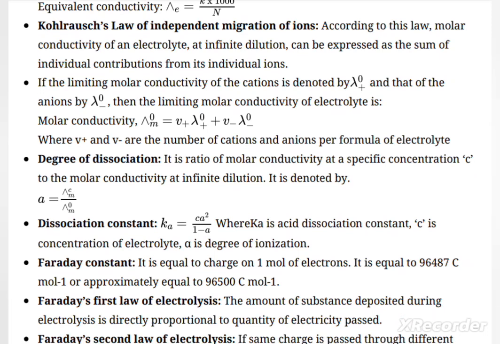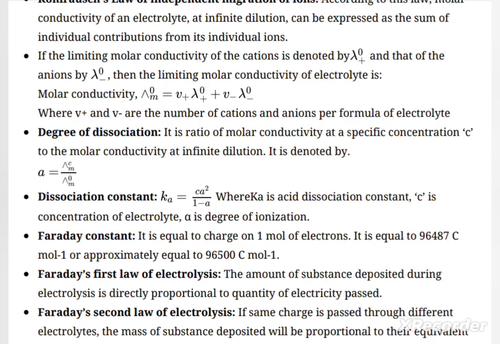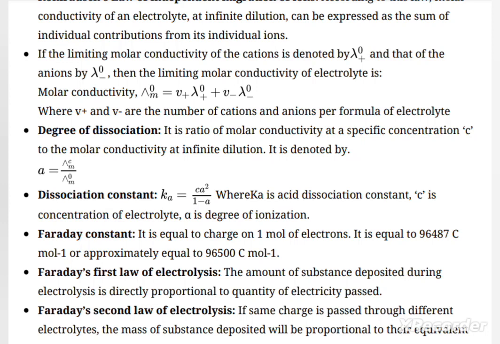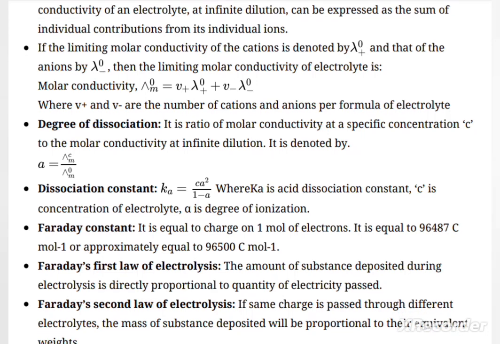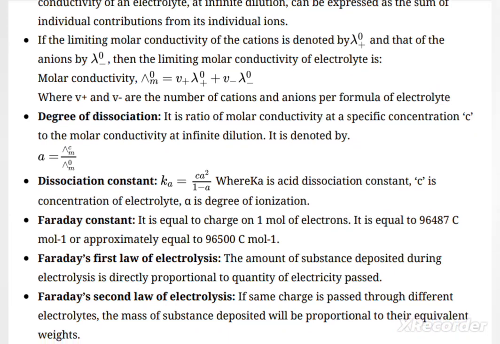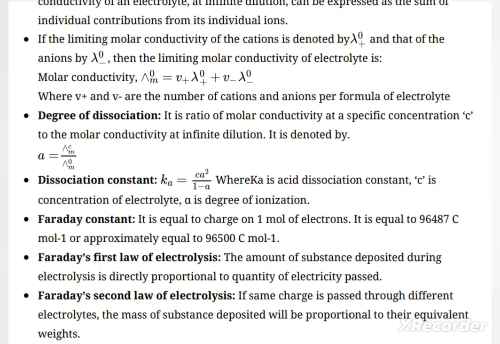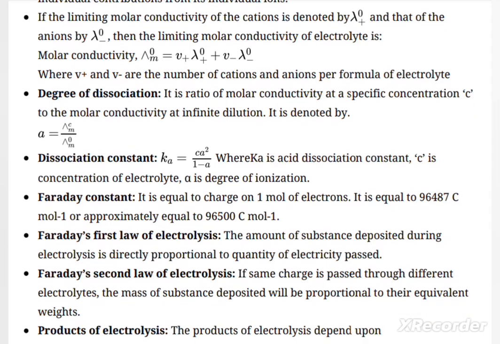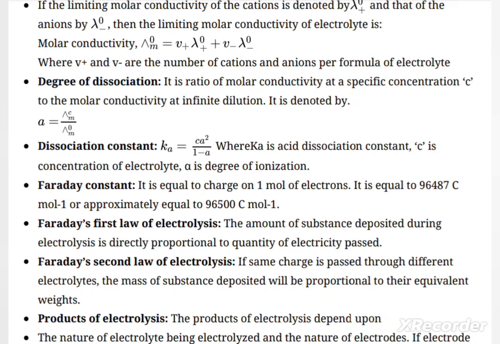If the limiting molar conductivity of the cations is denoted by λ⁰+ and that of the anions by λ⁰−, then the limiting molar conductivity of the electrolyte is Λ⁰m equals ν+ λ⁰+ plus ν− λ⁰−, where ν+ and ν− are the number of cations and anions in the formula of the electrolyte.